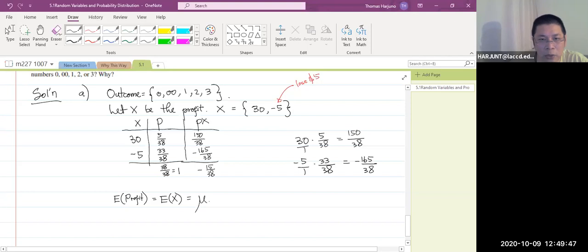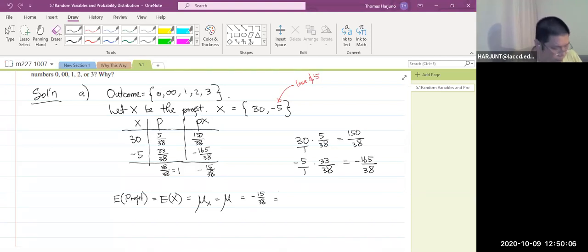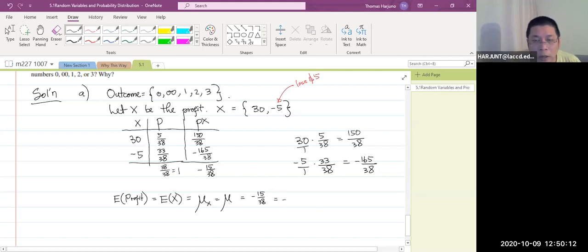You can also write it as mu sub X. You can also just write it as mu equals -15 over 38, which, when you use your calculator, is -0.39474 in decimals.